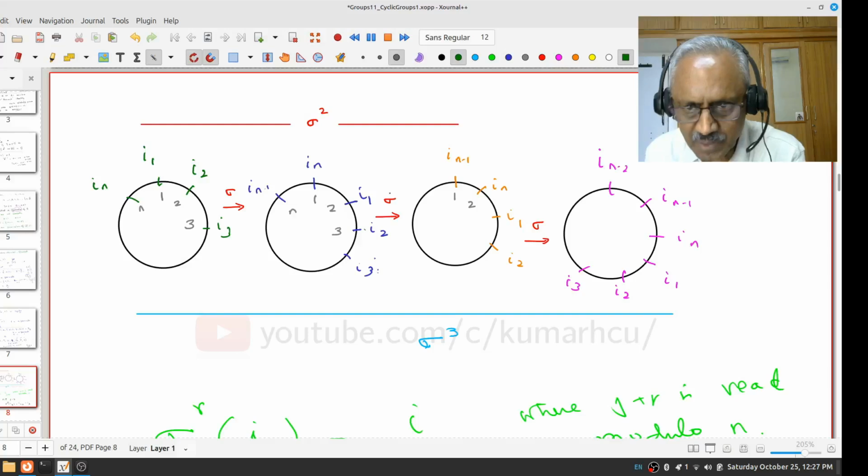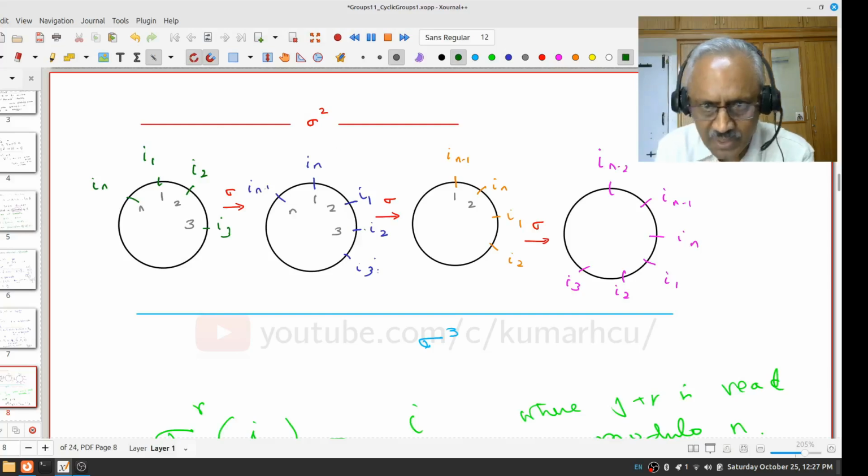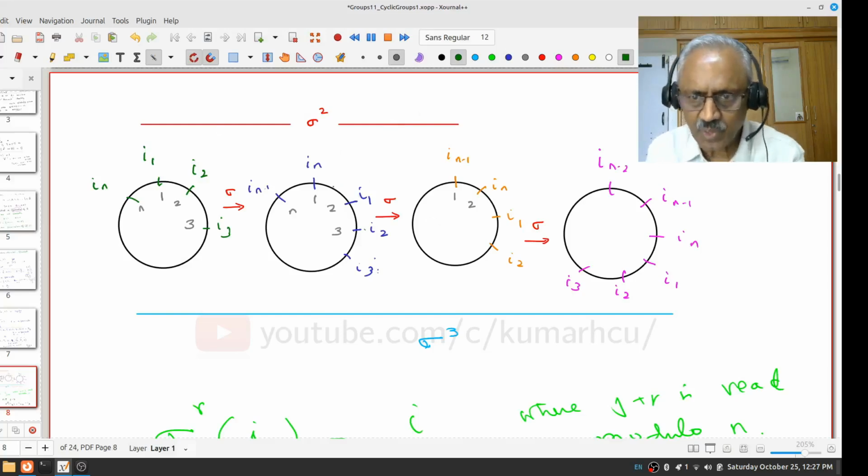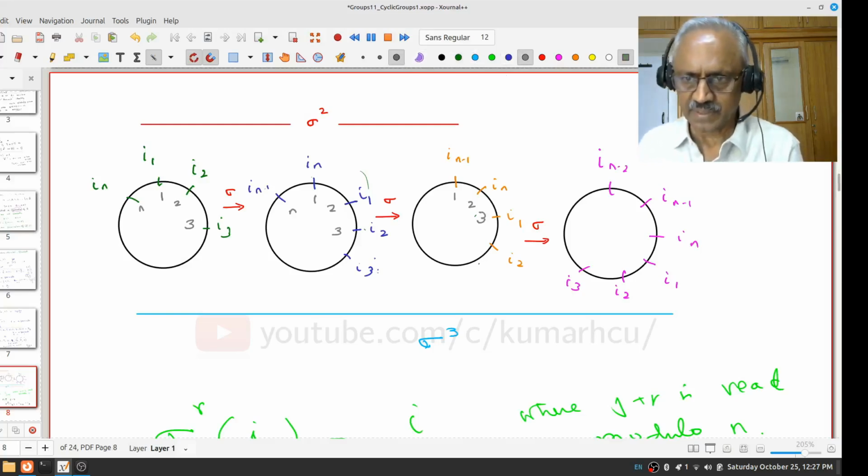Now suppose I apply sigma once more. This means totally I had applied sigma squared from this configuration to this configuration. So what will I have? i(n-1) will come here, in will go here, and i1 will go to position 3. You follow that?